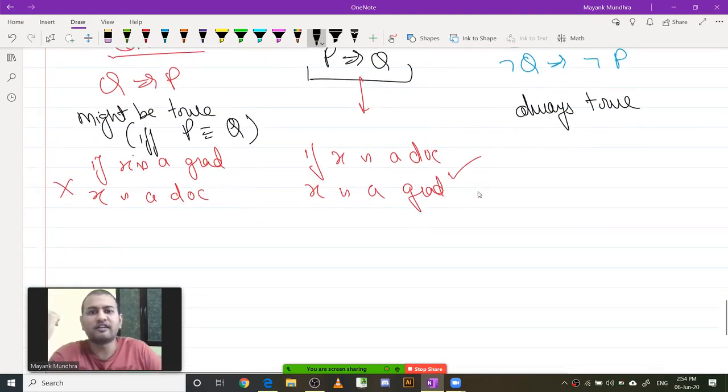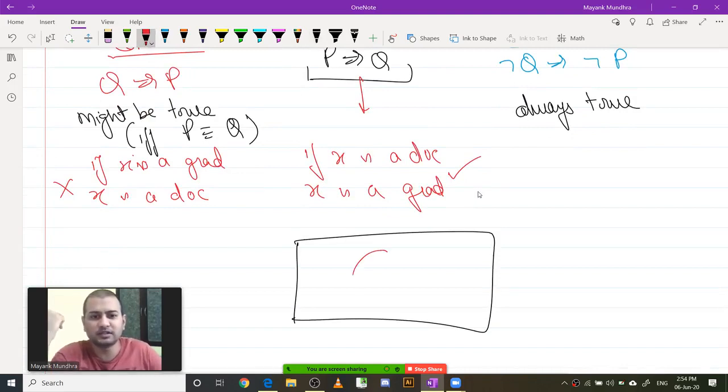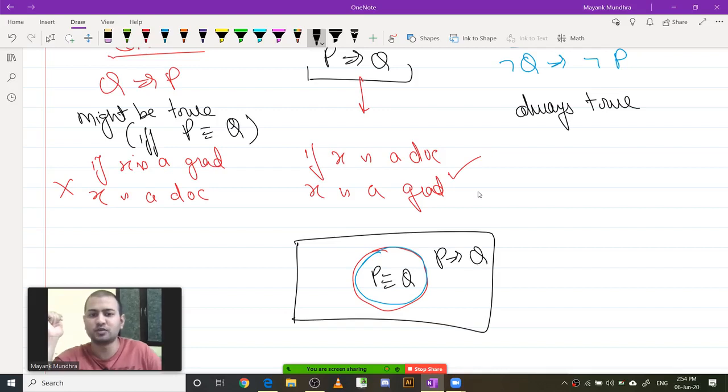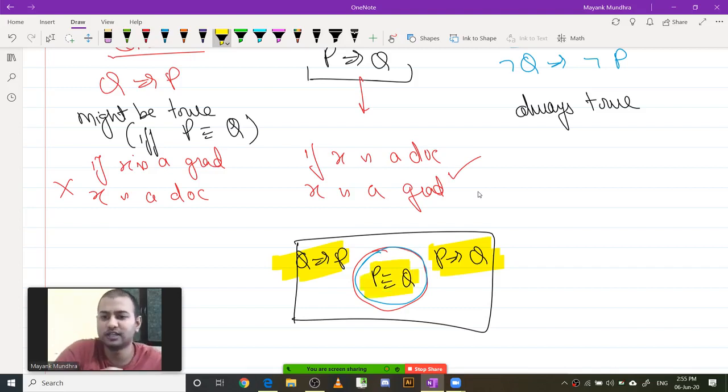Okay, so graphically what we are saying is that if the circle for P and the circle for Q are exactly coincidental, then in that case we have P equivalent to Q. So in that case you can say P implies Q is also true and Q implies P is also true. In fact, proving these two statements independently is a proof to prove that P and Q are logically equivalent.